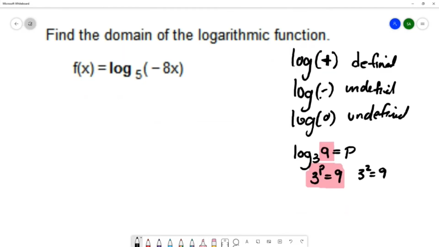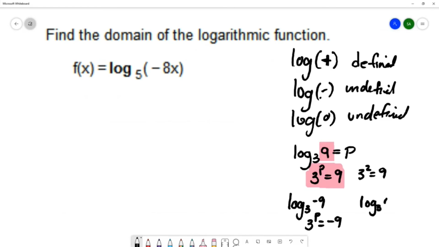But if you have a negative in there, log base 3 of negative 9, 3 to what power equals negative 9, this doesn't make sense. You can't take a positive number and raise it to a real number and get a negative answer. And the same thing happens with 0.